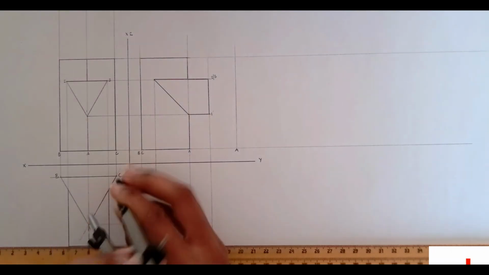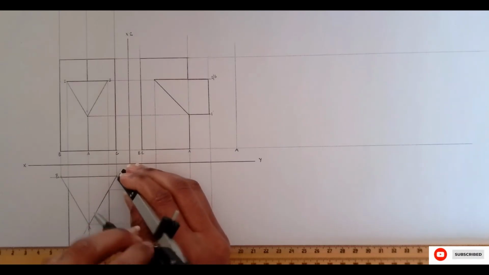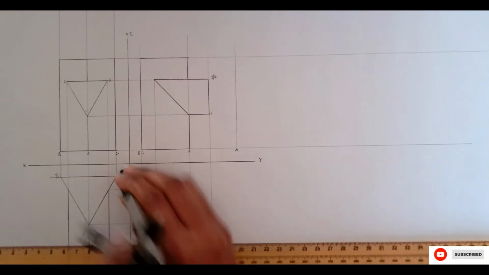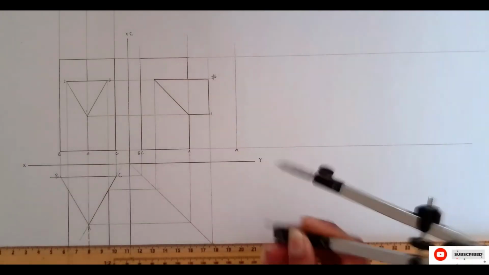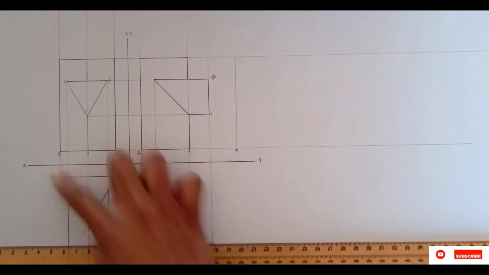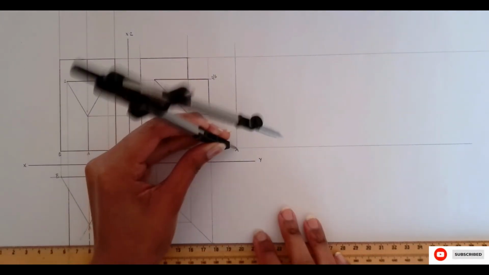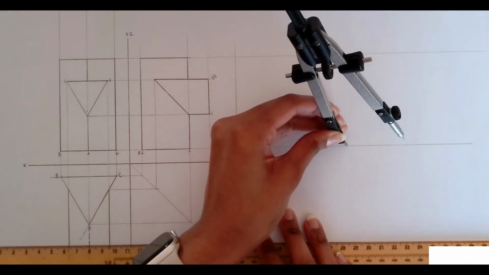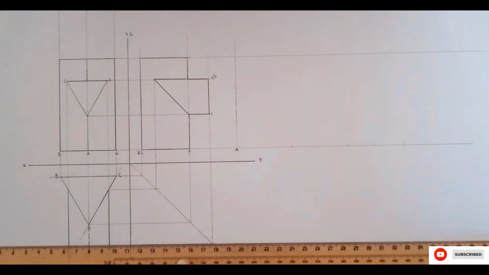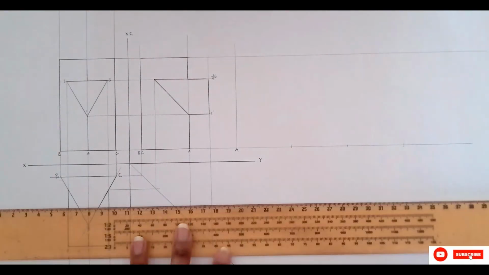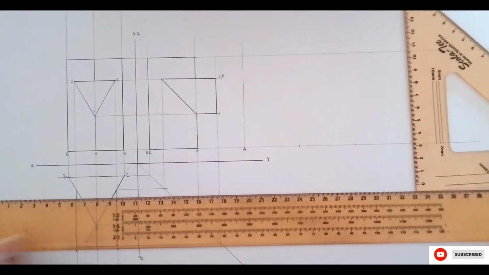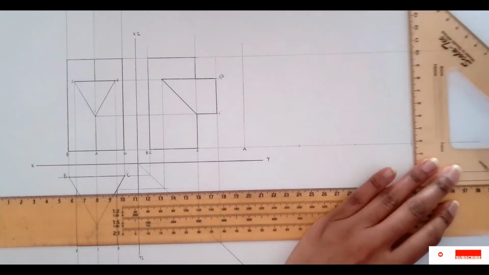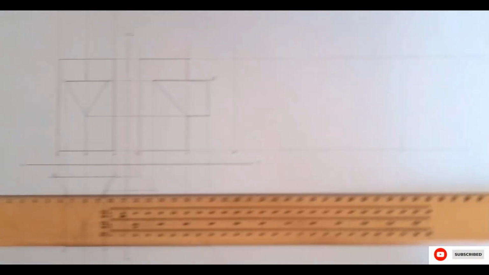So my true length is 44. I'm just going to open the distance of A to C. You can open any distance, it's the same throughout. And then, because it's a triangle, I'm going to mark it 3 times. Then this is where my development ends. So the development ends there.